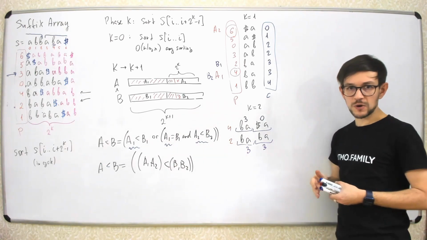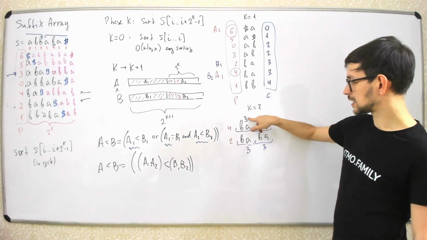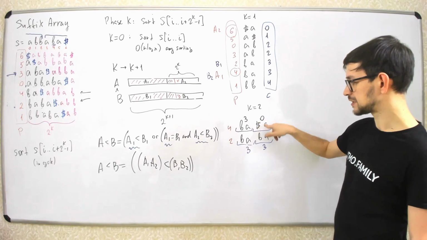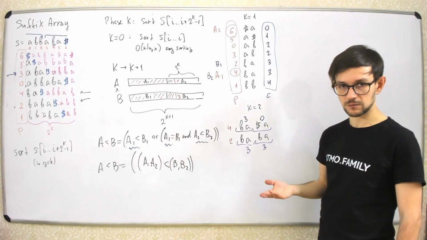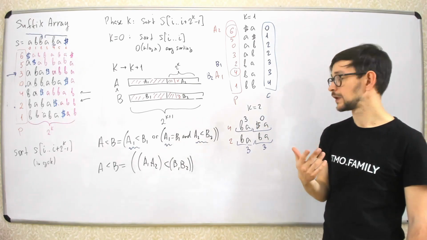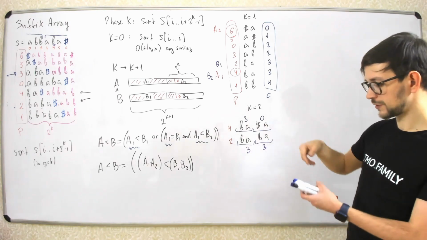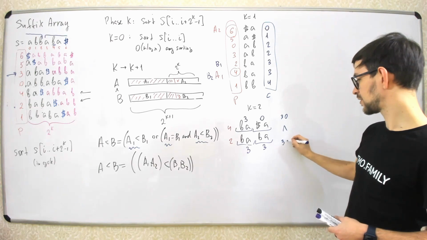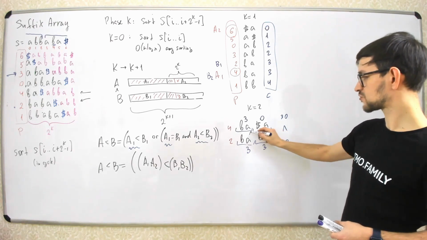And now we just need to compare these two pairs. We need to compare pair 3, 0 with the pair 3, 3. We know that 3, 0 is less than 3, 3. We can do it in constant time, just comparing these integers. So we know that 3, 0 is less than 3, 3. It means that this string is less than this string.